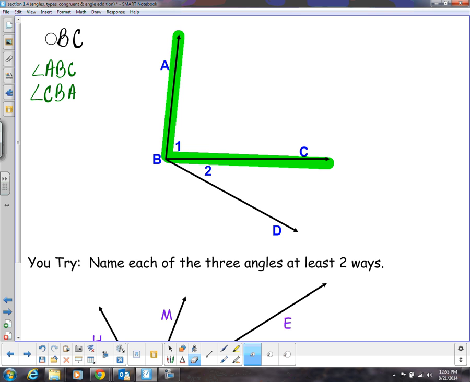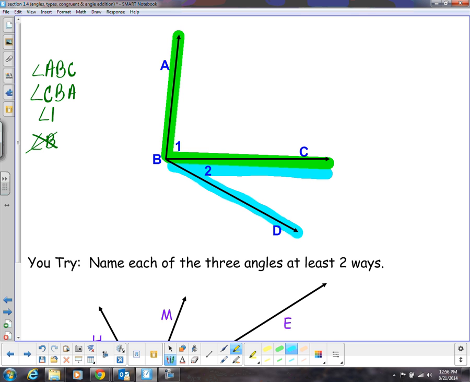That means B needs to be in the center. However, I see that there's also a number 1 inside that angle, so I can refer to it as angle 1. What I cannot do is call it angle B, because there's the angle 1, the angle 2, and the large angle. All right, so now in blue, I'm going to talk about this angle right here, and I'm going to do this so you can see the blue.